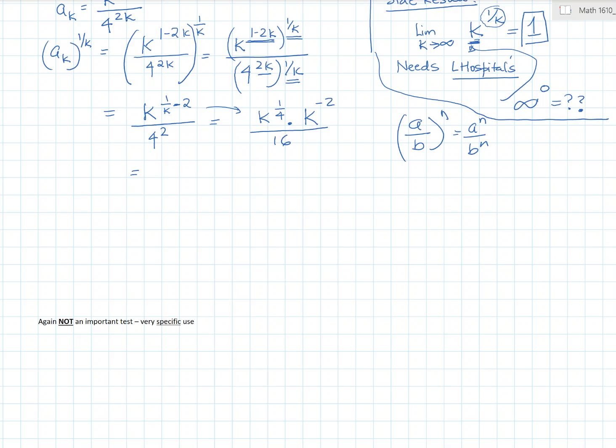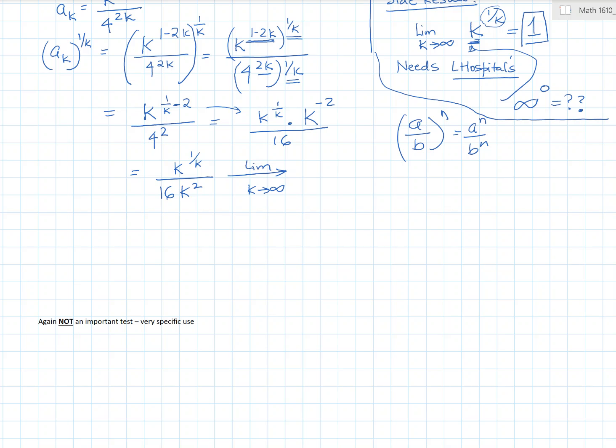So I have k raised to the power 1 over k, and k raised to the power negative 2 can come down, giving 16k squared in the denominator. Now I'm ready to take the limit as k goes to infinity.